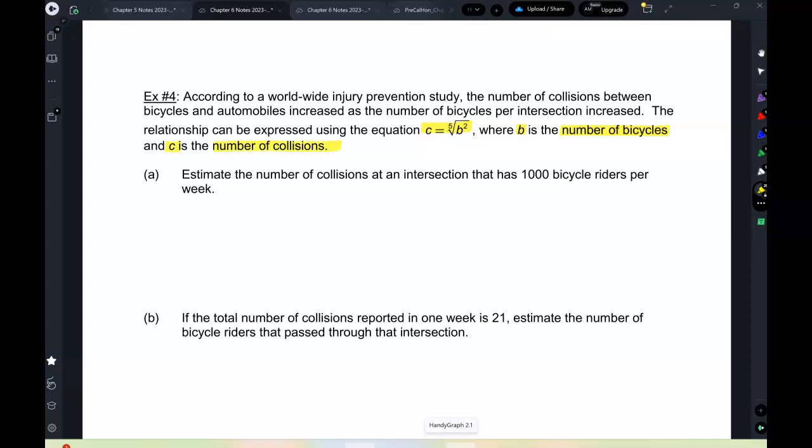So notice I read all this to get an idea, and then you have to highlight or underline things that are relevant to you. You always need to know which equations you're working with, and how to define your variables.